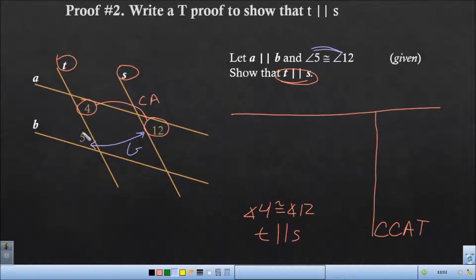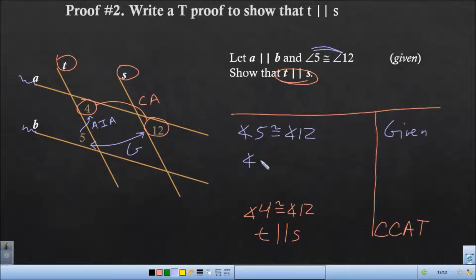And then 5 gets connected to 4 by the alternate interior angles theorem because A and B are parallel lines. So angle 5 is congruent to angle 12, given.